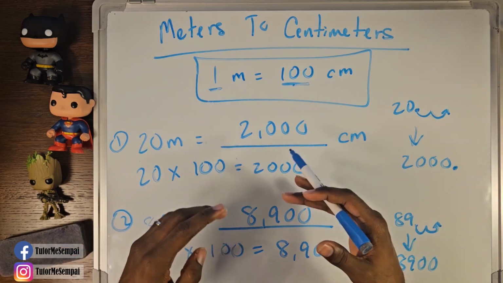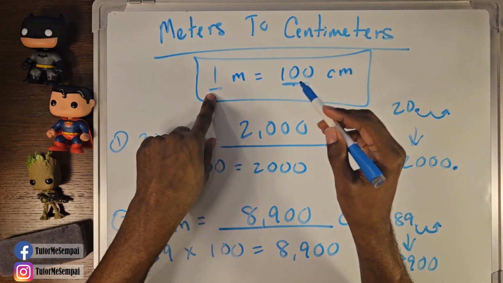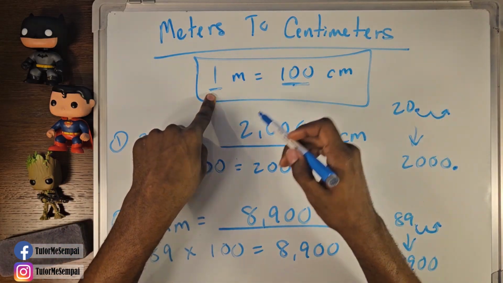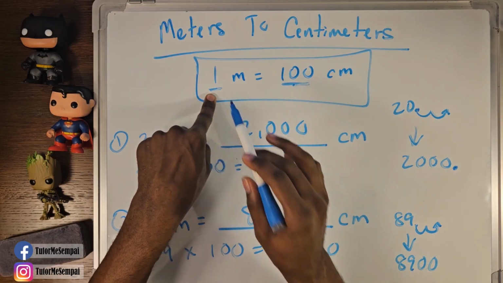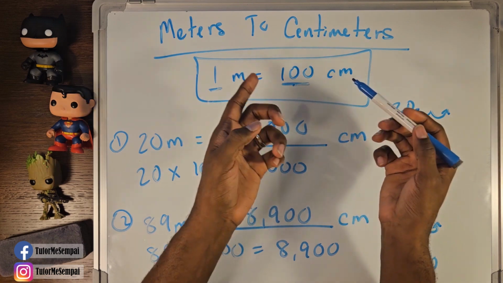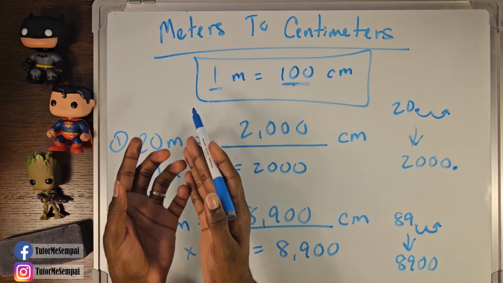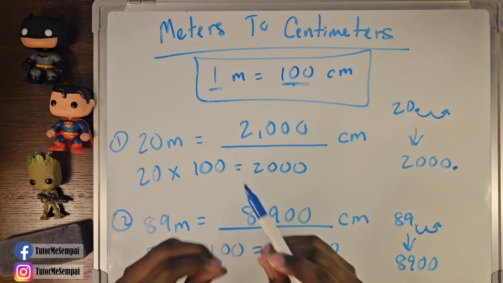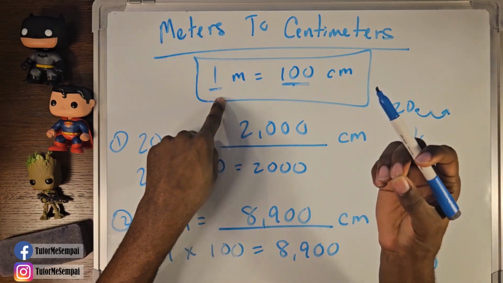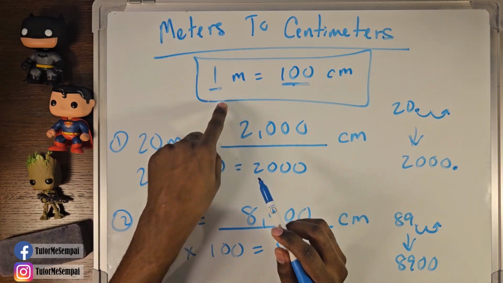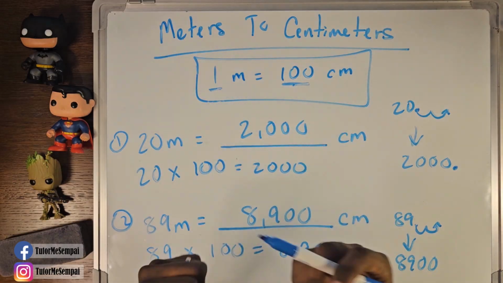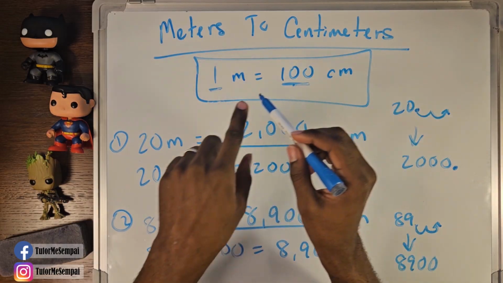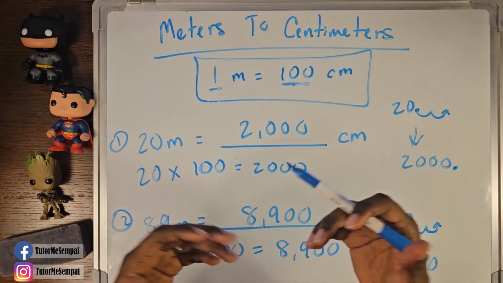I think of multiplication when I think of that. That means I want to multiply when I'm going from meters to centimeters, since it has to be a bigger number than what I started from. Likewise, when you have centimeters going to meters, you're going to want to divide because you want to end up with a smaller number than what you started from. So meters to centimeters, you're growing that number, multiply. Centimeters to meters, you're shrinking the number, divide.